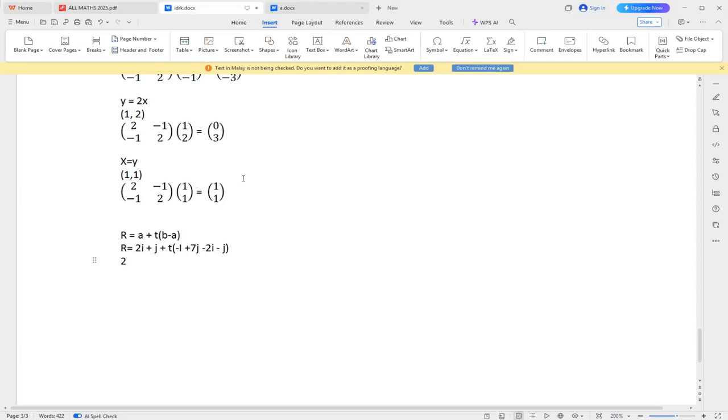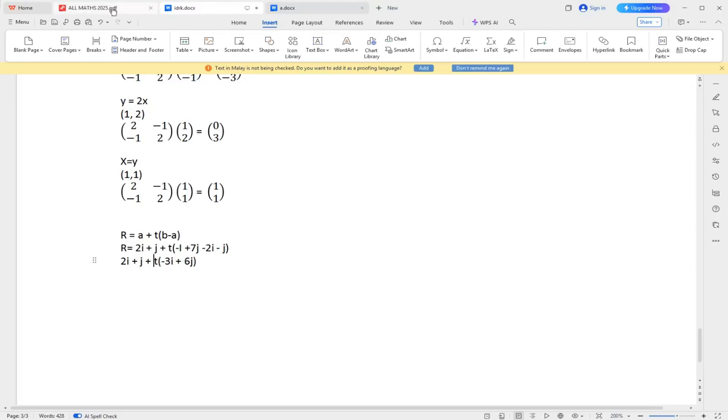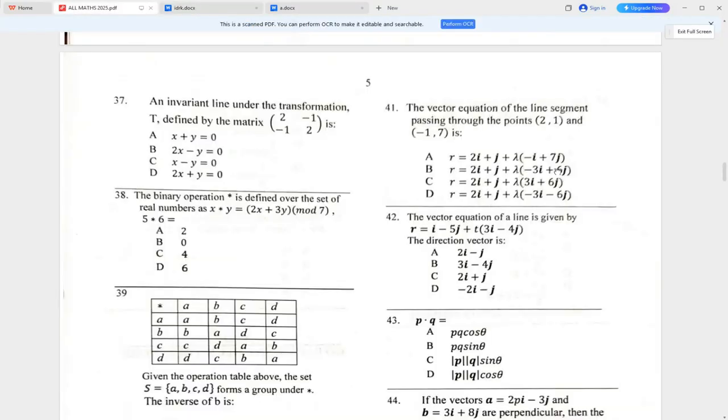So this is equal to 2i plus j plus t times: minus i minus 2i gives us minus 3i, and 7j minus j gives us plus 6j. Now this is the vector equation of the line, and looking at the options, you have 2i plus j plus lambda, in this case the parameter as lambda, times minus 3i plus 6j. We have B as the answer for question 41.